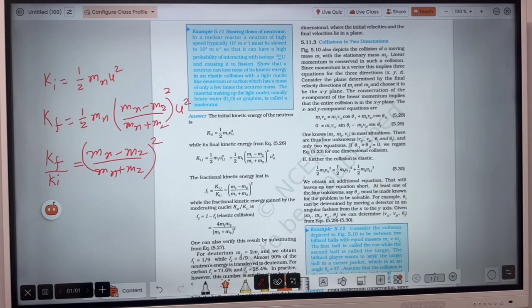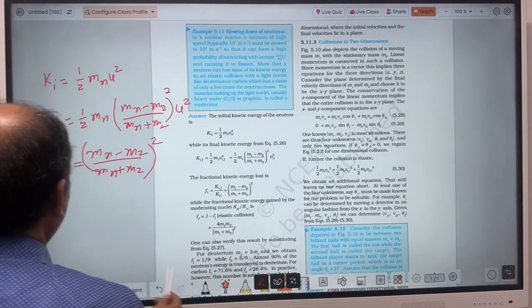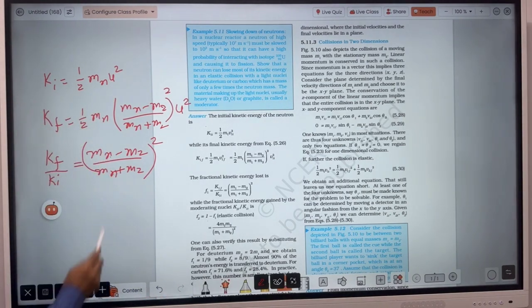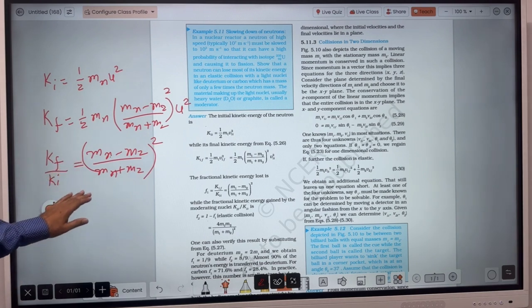Now suppose the mass of the second nucleus is given, if we are taking deuterium, we can write the mass of deuterium, and take the value of the mass of neutron, and then we can evaluate.